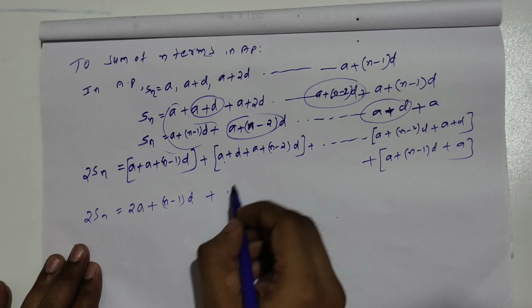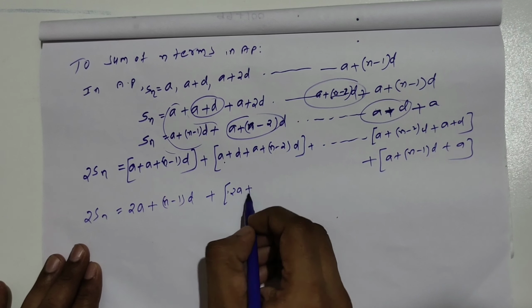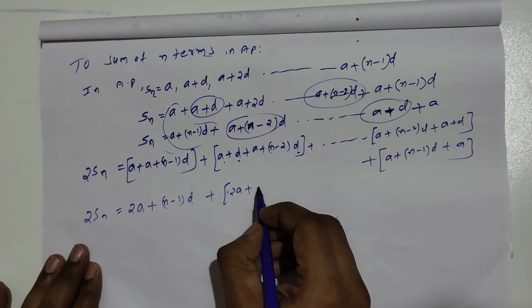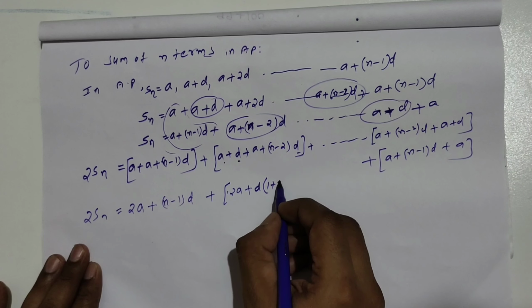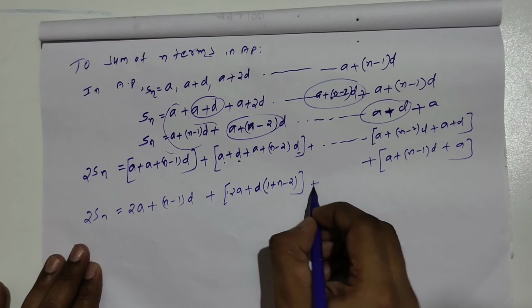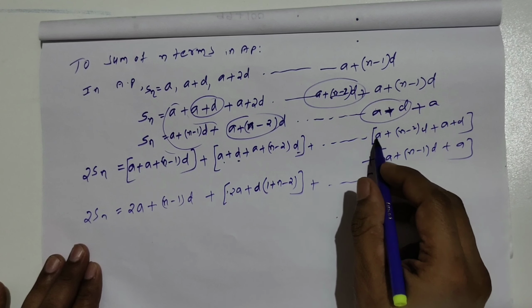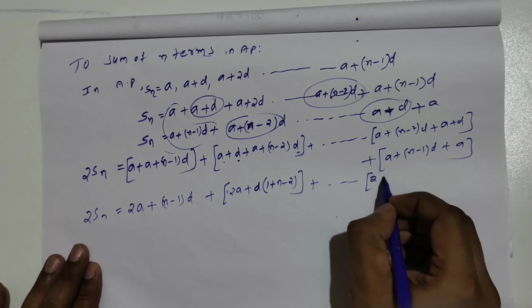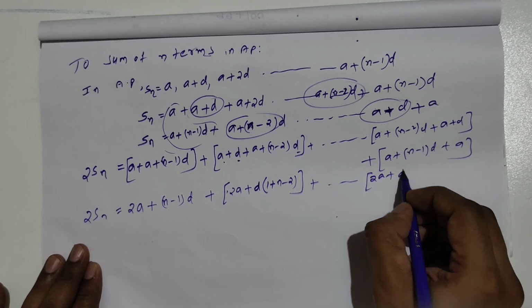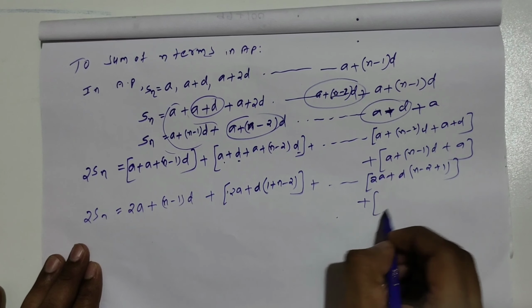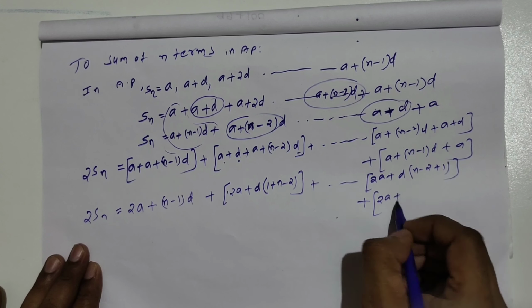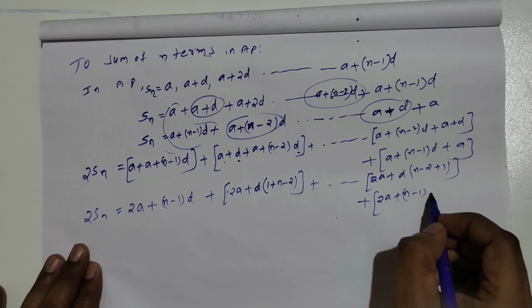Here also a plus a is 2a, and d is common in both of these, so we can write d into (1 plus n minus 2 plus up to so on). And here also a plus a is 2a, and again d is common, we get (n minus 2 plus 1), and here a plus a is 2a, n minus 1 into d.